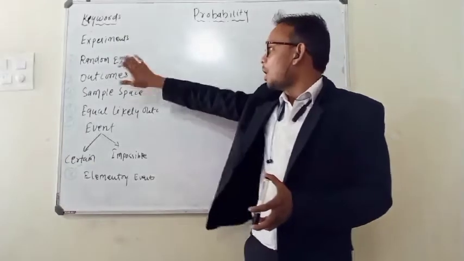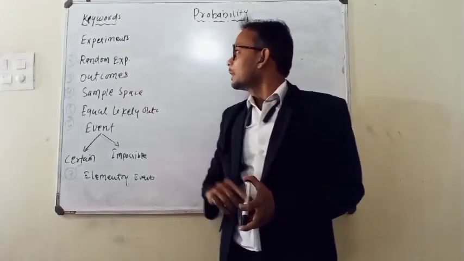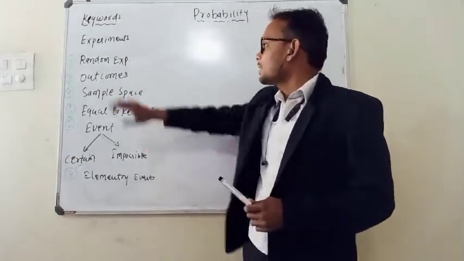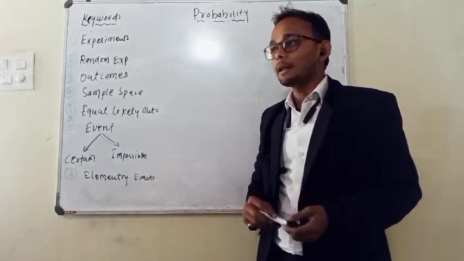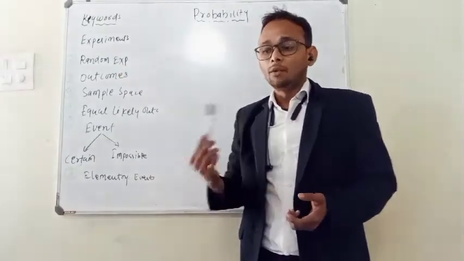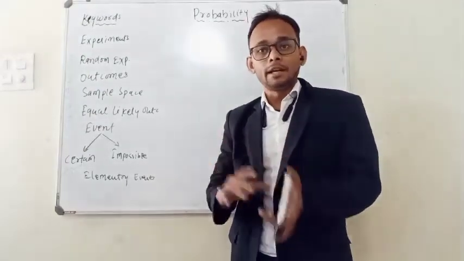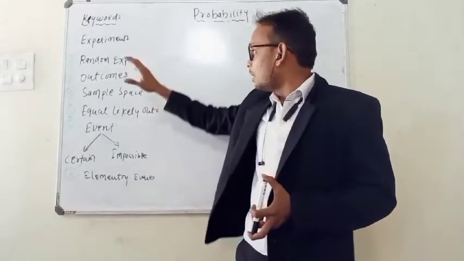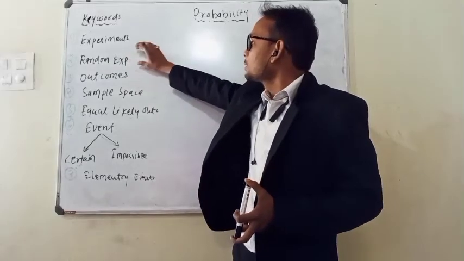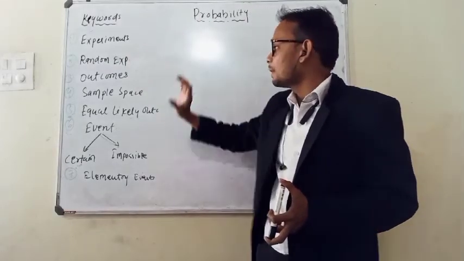What is an outcome? Outcome is the result of an experiment. The next is random experiment. What is a random experiment? An experiment whose outcomes we can't predict is called a random experiment.